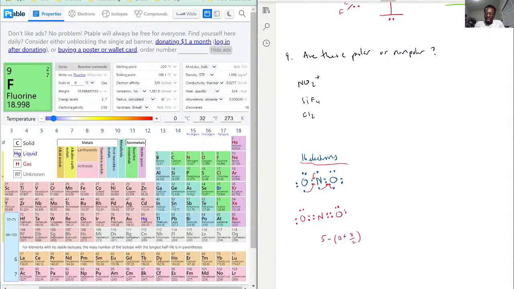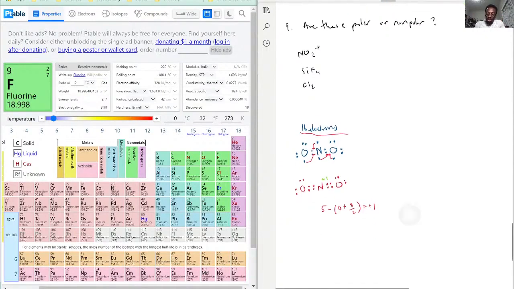So that's 5 minus 4. We have plus 1. So indeed, the positive charge here based on the NO2 plus is on the nitrogen, and the oxygen should be 0, but we'll check anyways. We have 6 minus, it has 4 to itself, and it has a bond with 4 electrons because of the double bond, so that is indeed 0. So perfect. This is what we have.